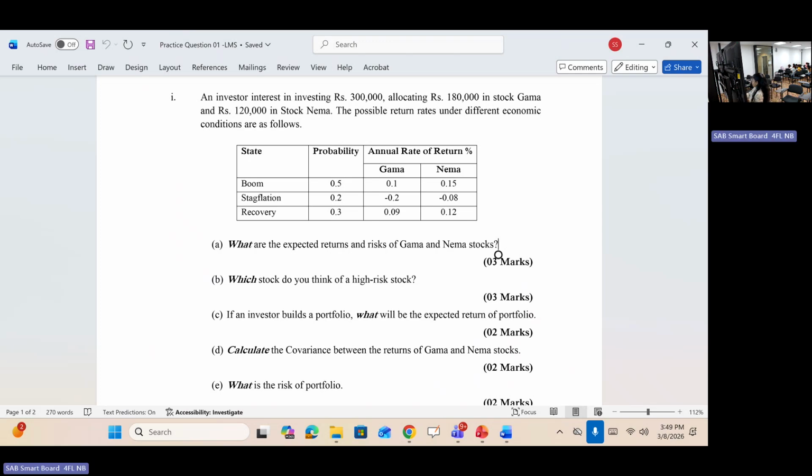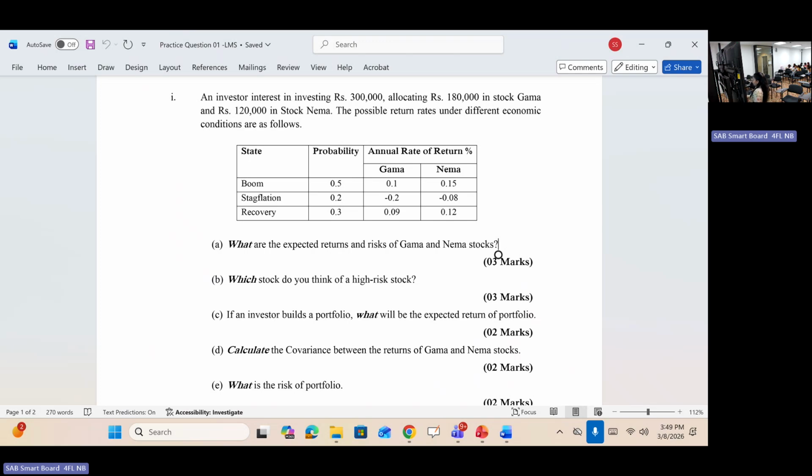Now, third question: if the investor builds a portfolio, what will be the expected return of the portfolio? Write it there. Expected return of portfolio. Then calculate covariance, COV, between N and G, Lemma and Gamma.